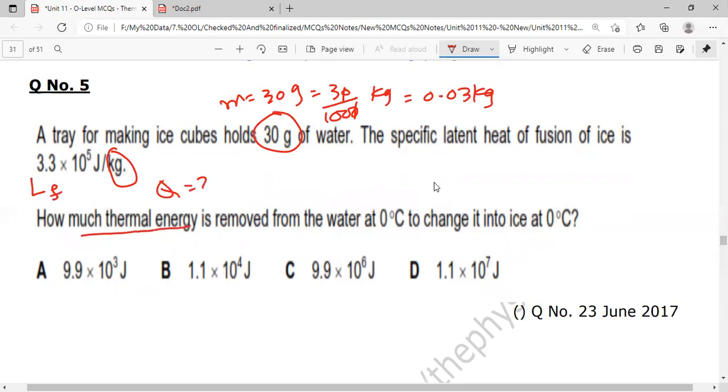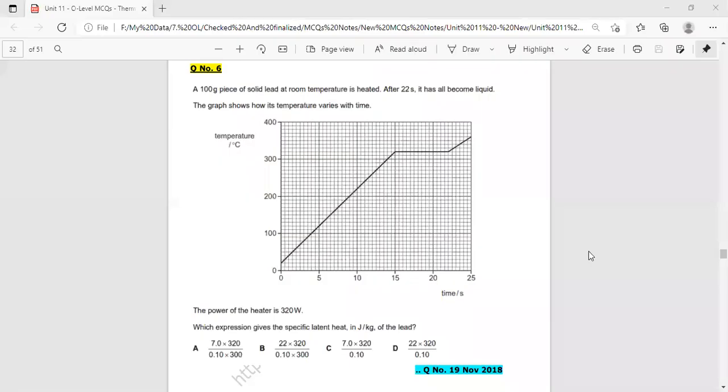Q was required, so Q is equal to m L_F: 0.03 into 3.3 into 10 to the power 5. When we solve, the answer will be 3 into 3 is 9, 3 into 3 is 9, 9.9. And when we solve the powers, this will be negative 2, this will be plus 5, so 3. So option A is the correct answer. A straightforward simple formula will be applied.